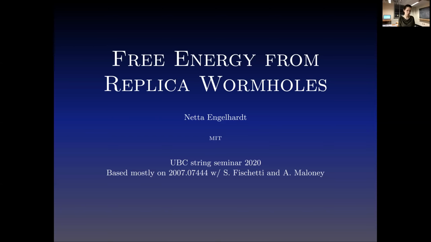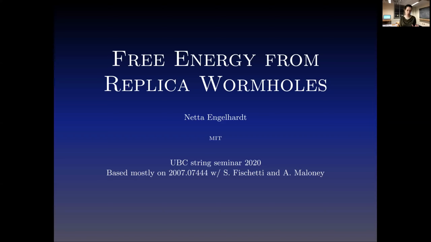Now, these replica wormholes are going to be a little different. They're coming from a somewhat different replica trick, but nonetheless one which is being computed via the gravitational path integral. And this is the replica trick that computes the generating functional or the free energy.